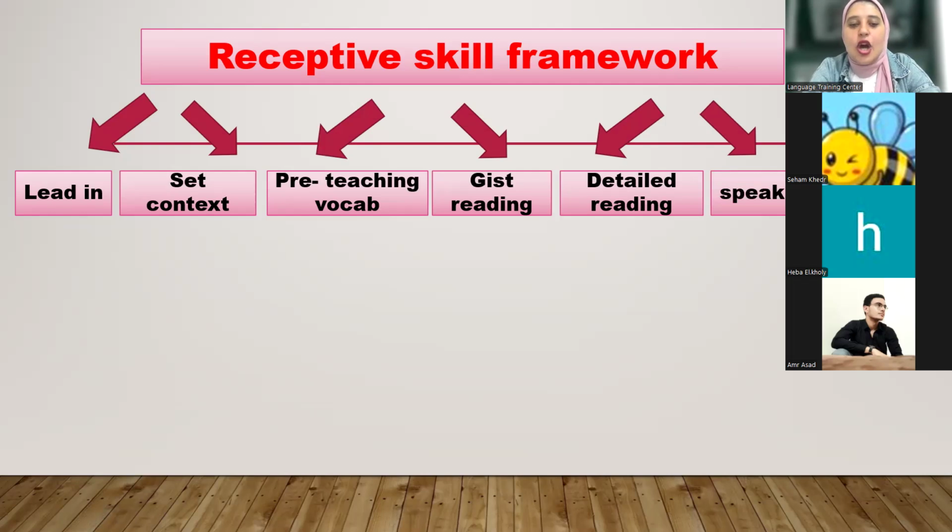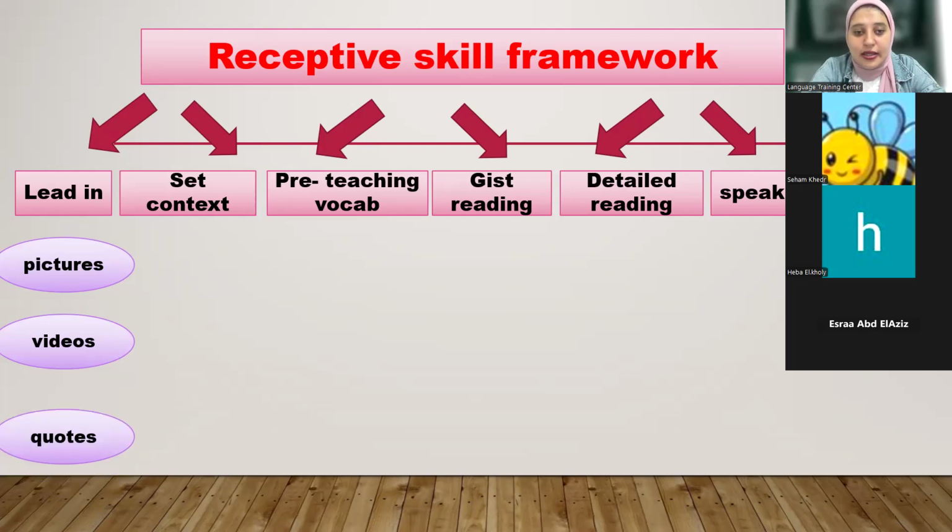Exactly, nice. So how can you do the lead in stage? Last time in the demo, how did I present the lead in stage? We can present a picture and ask them what can you see in the picture, or a short video, for example, followed by some questions. Nice. So pictures or videos, and maybe what else? Listening to something, like watching a video. It's the same. What about using quotes?